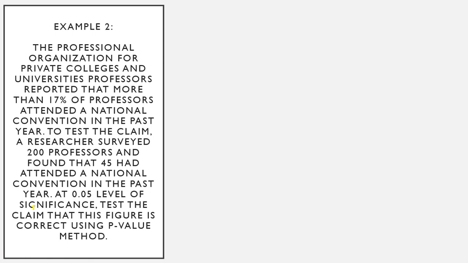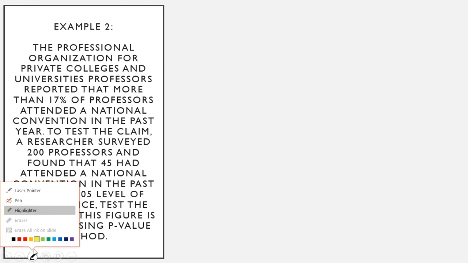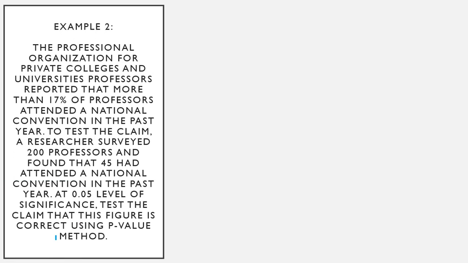Example number two: The professional organizations for private colleges and universities professors reported that more than 17% of the professors attended a national convention in the past year. To test the claim, our researchers surveyed 200 professors and found that 45 had attended a national convention in the past year.